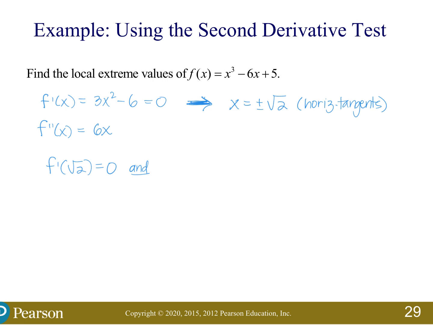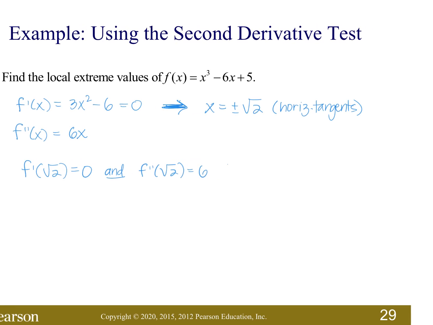And, there's always an and, we want to check something else in addition to the horizontal tangent. F double prime of rad 2 would be 6 rad 2, which is greater than 0, which means we've got a horizontal tangent and we have concave up.